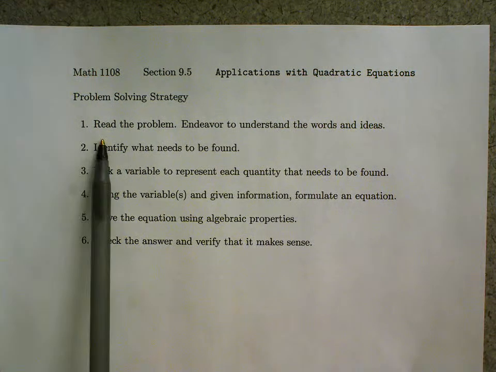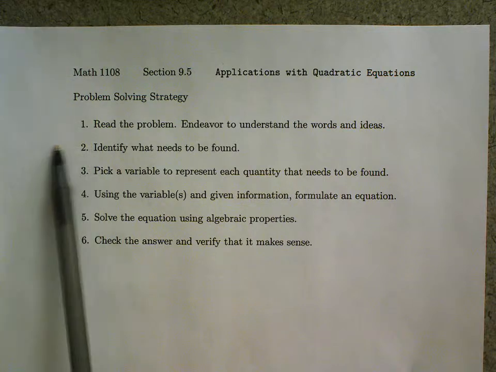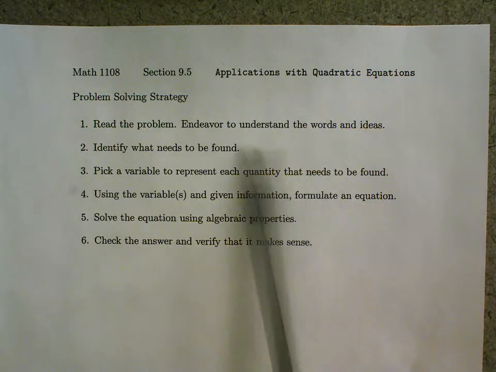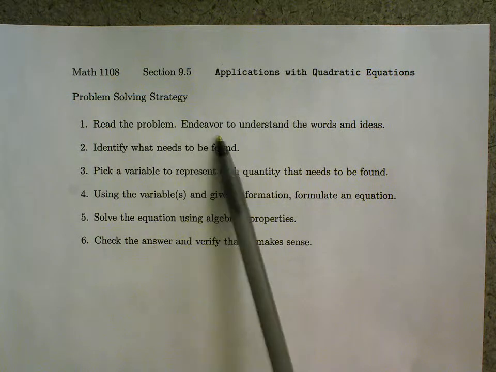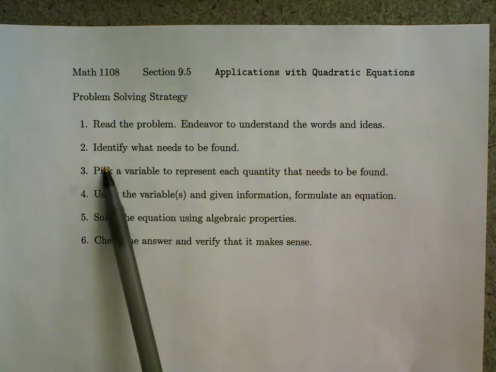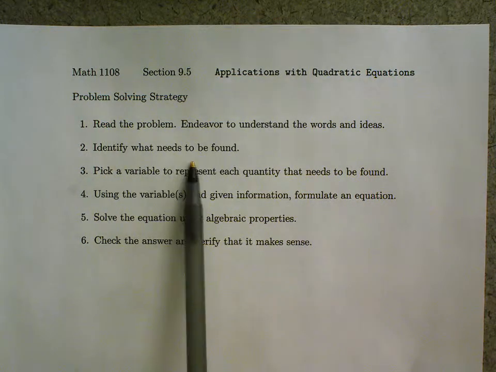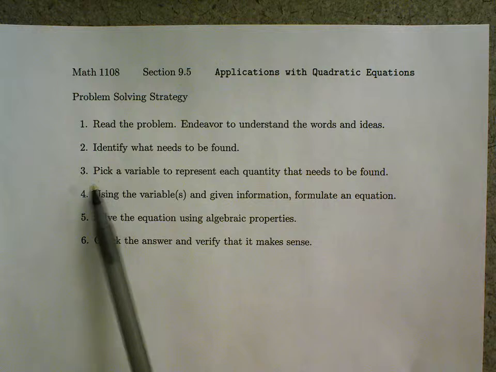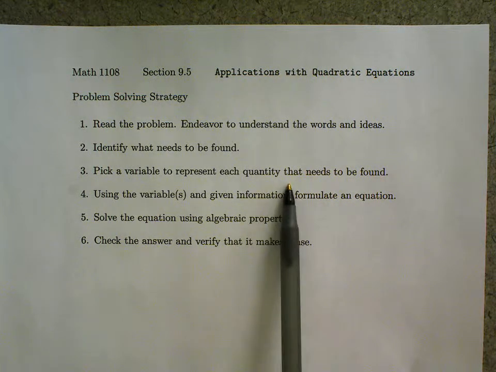Read the problem. Sometimes you need to read it more than once, and that's okay. If it takes 4 or 5 times before you understand it, then do what it takes. So understand the words and the ideas. Identify what needs to be found. Step 3, pick a variable to represent each quantity that needs to be found.